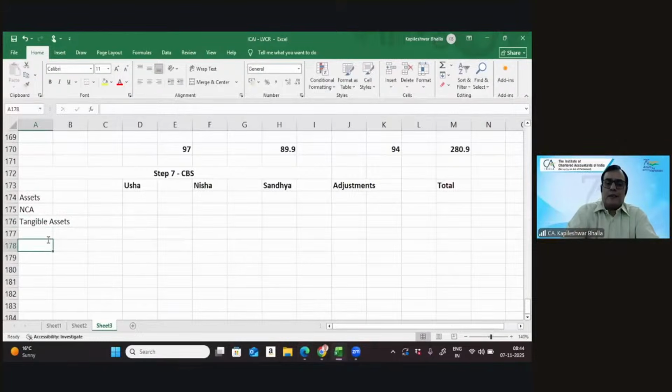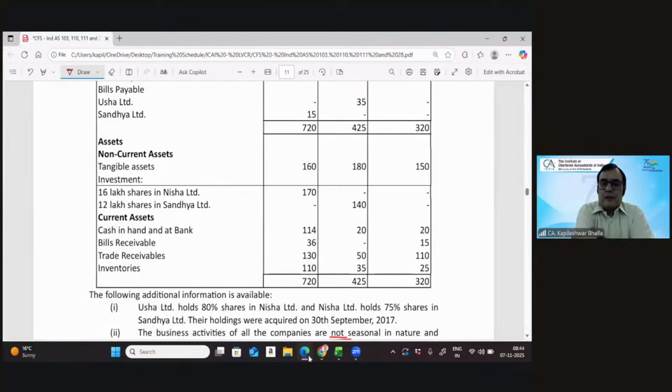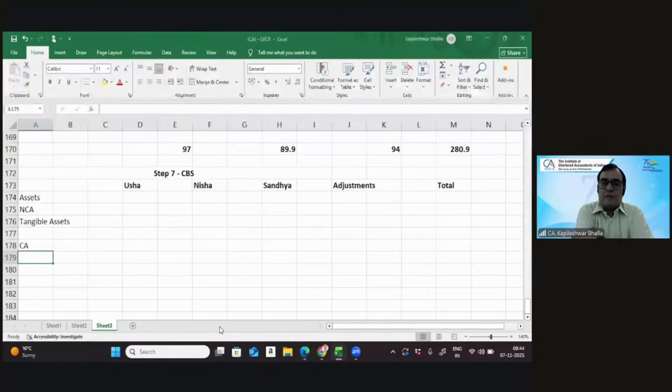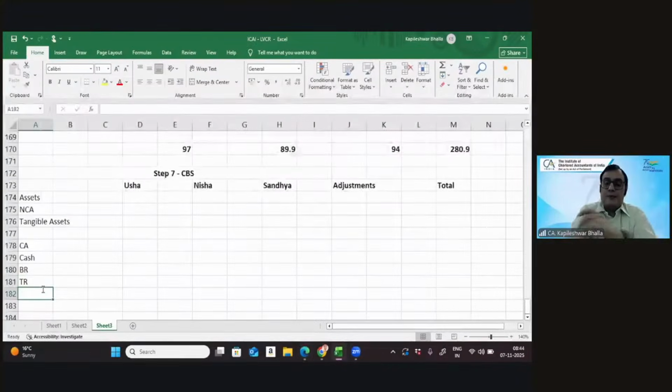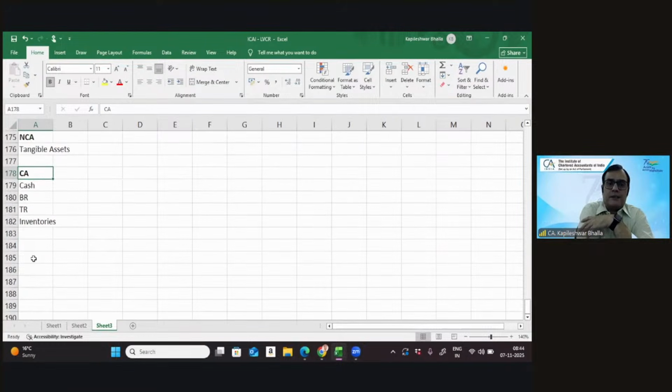Then we can show the current assets. In current assets, we've got cash, bill receivable, trade receivable. Then there is inventory. So this is on the asset side, just highlighting the information, non-current and current assets. Then let's consider the equity and liability side as well.